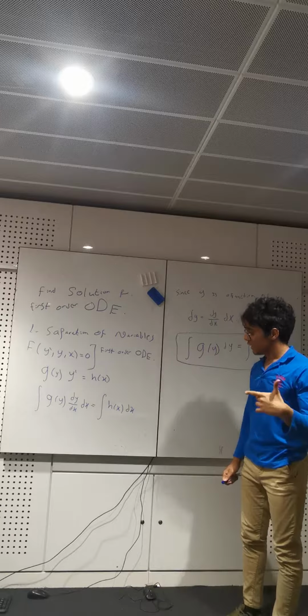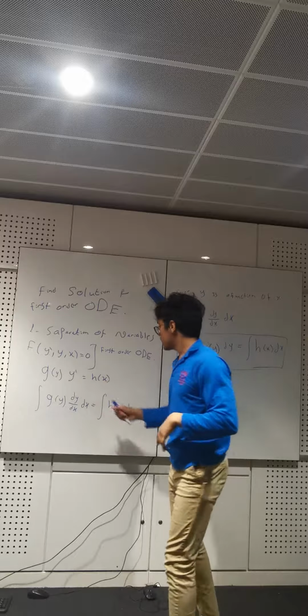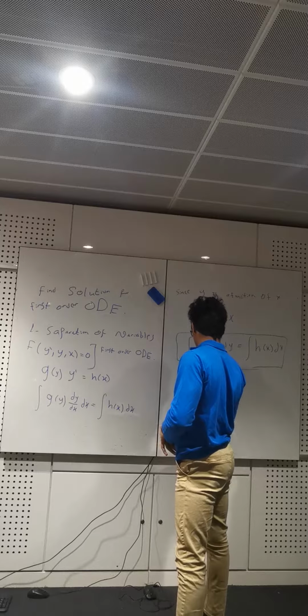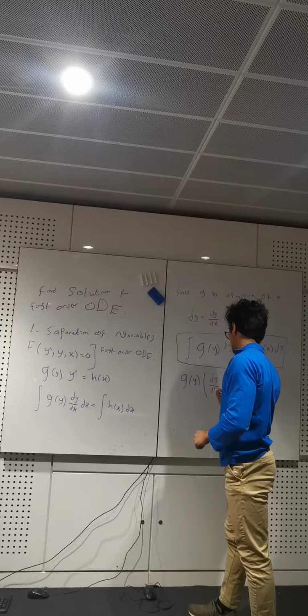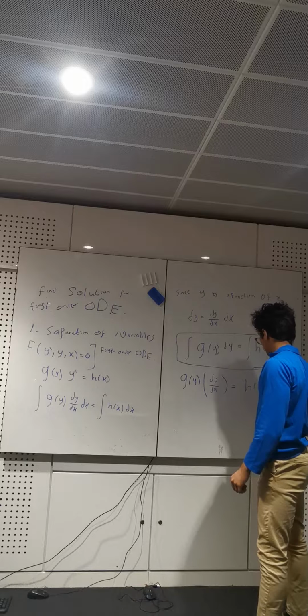Another easy trick to remember this is from here you can write g of y, and instead of y prime you write dy dx, is equal to h of x.